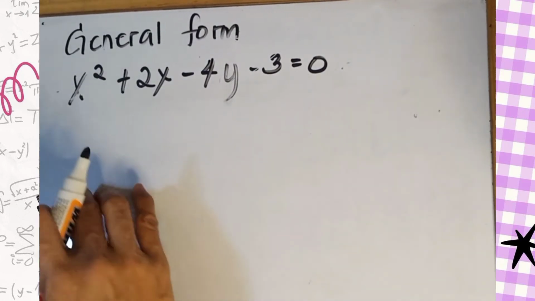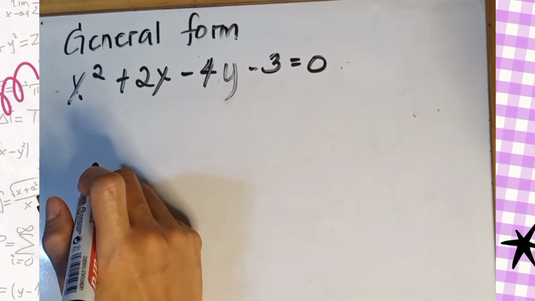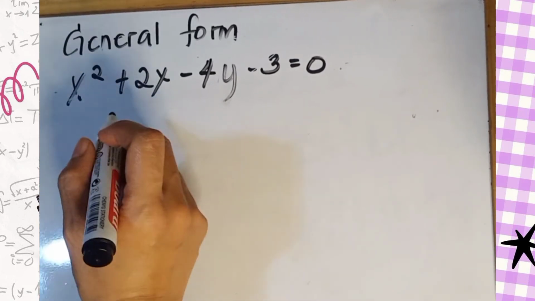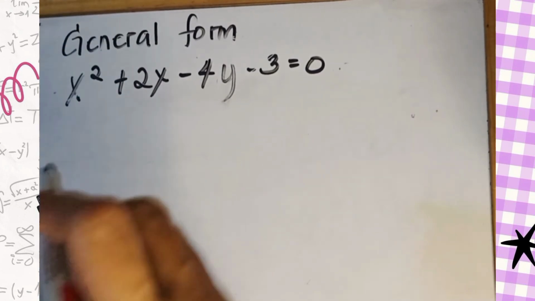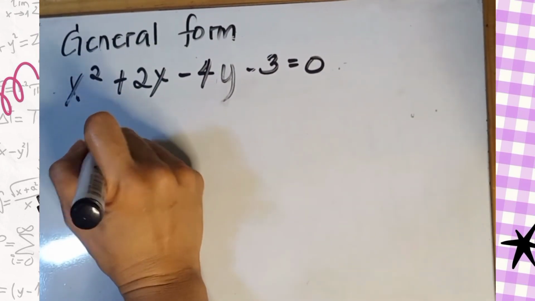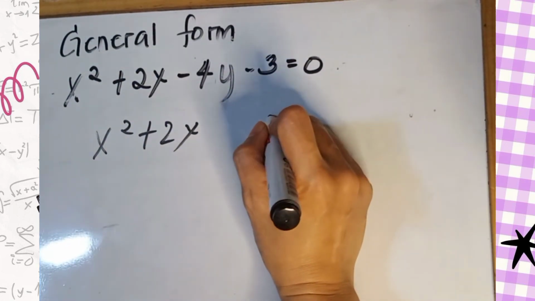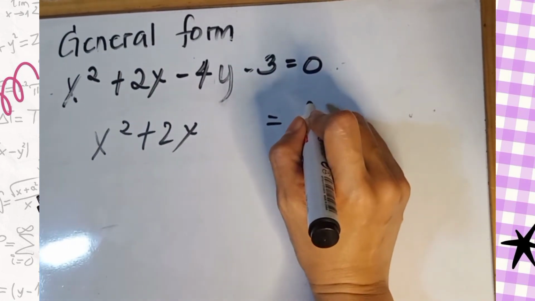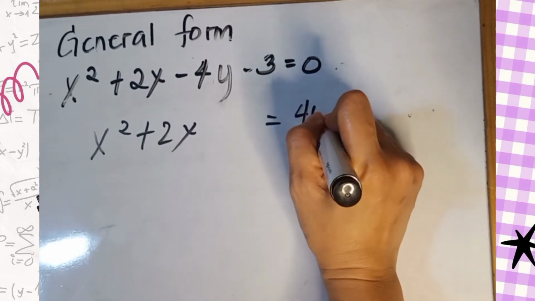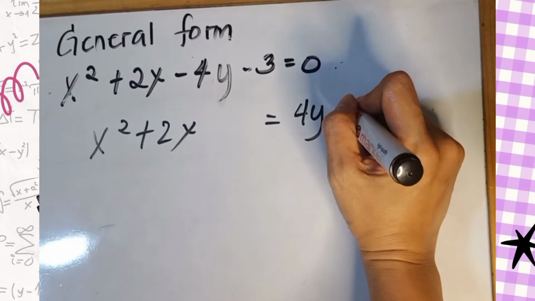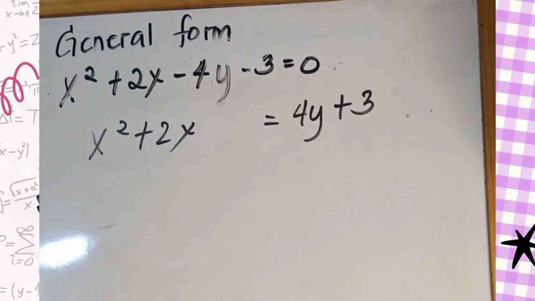Okay, so let's say we have this given equation. First, we are going to use the factoring by grouping. So, ano yung terms dito na may common factor? So, that is x squared plus 2x. And then, sa kabilang side, ita-transpose natin si negative 4y. So, magiging positive 4y. Negative 3 will become positive 3.